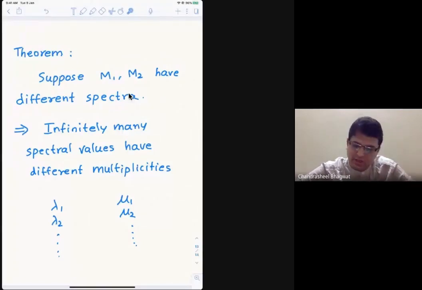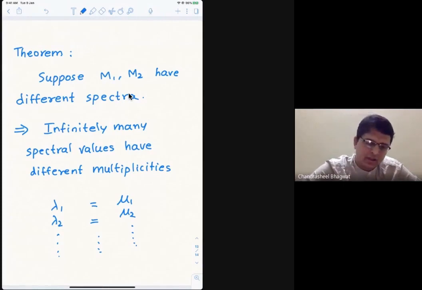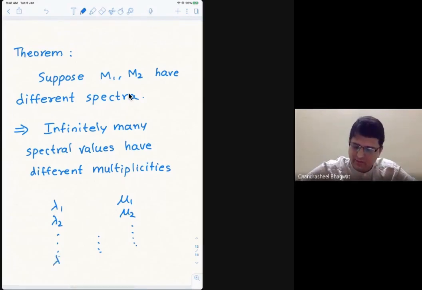So you had two objects, and then there are two sequences of spectral values. Suppose this is the same as this, this is the same as this, and so on; then we say that they have the same spectra. Now let me change the question. Suppose the spectra are not the same, but let me give an example.